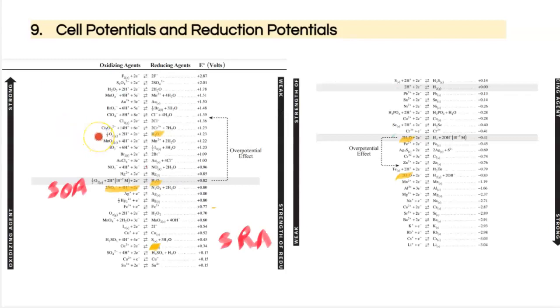Okay, so I've taken a few minutes to highlight where my SOA and my SRA are. And I've taken note of their position in the chart just because I think that's good practice. I'm going to expect that this reaction is going to be spontaneous and that I should end up with a positive value for standard cell potential in the forward direction.